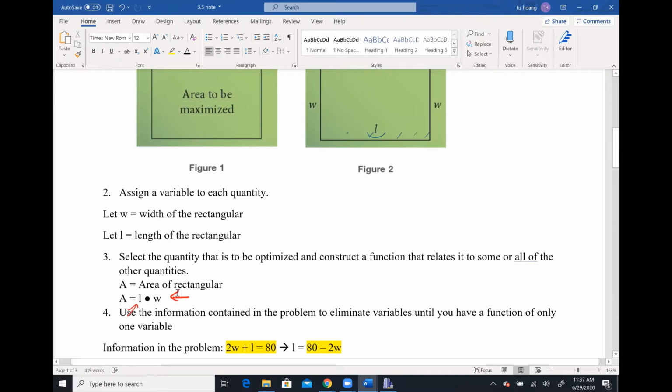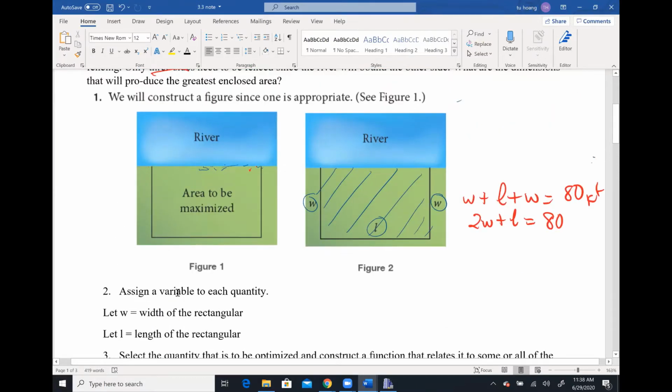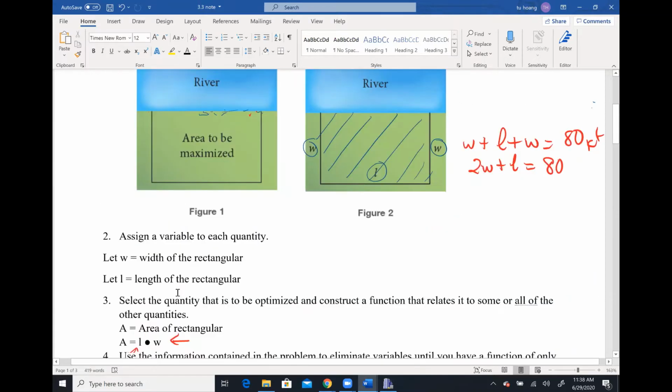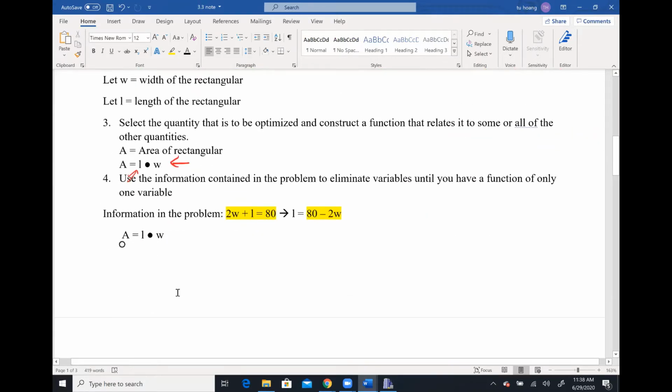Okay, and let's see if it is step 5. Okay, so still step 4. Now I have to change this.